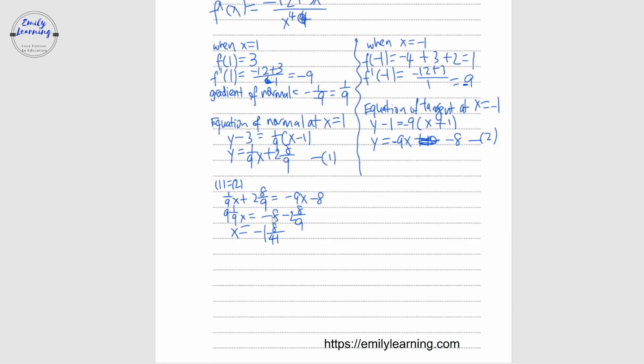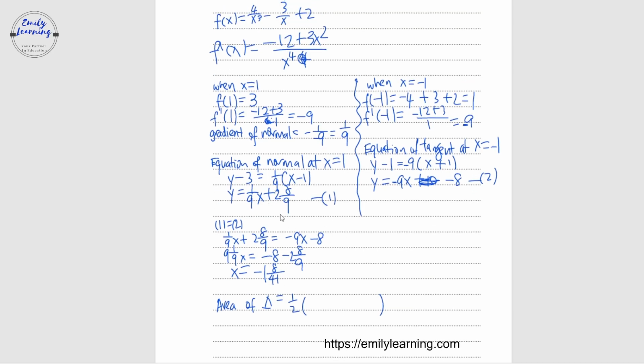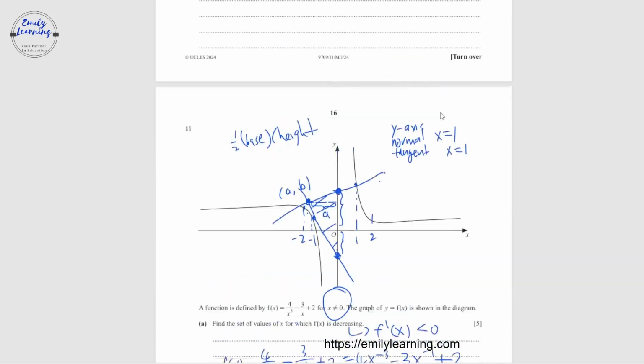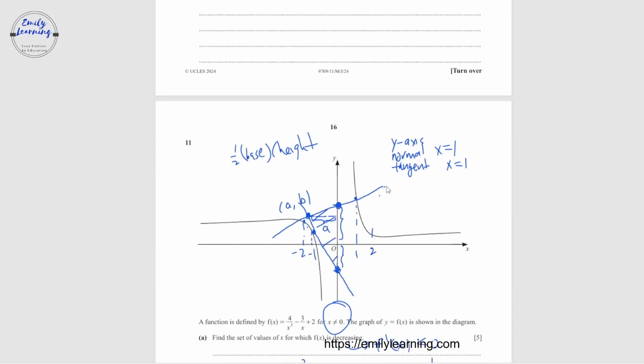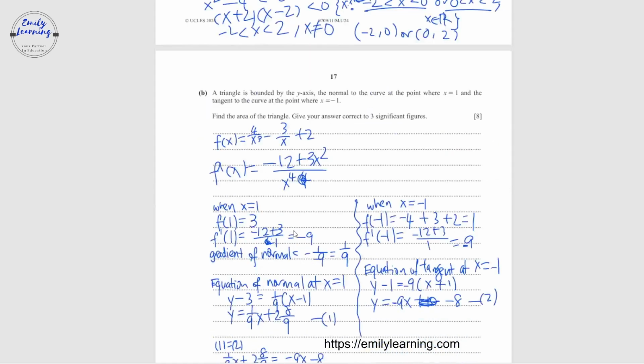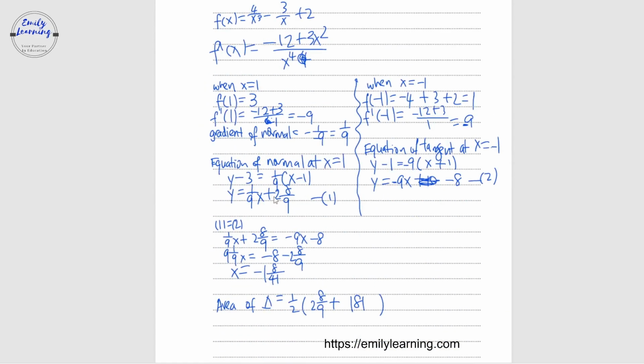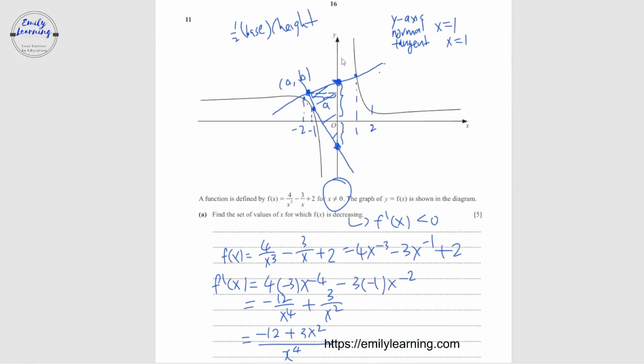So now that I have this value, I know that the area of the triangle is equal to half times base times height. How to find the base? Recall the base is basically 2 and 8 over 9 plus mod 8. I need the y-intercept of this normal, and the y-intercept of this normal is 2 and 8 over 9.